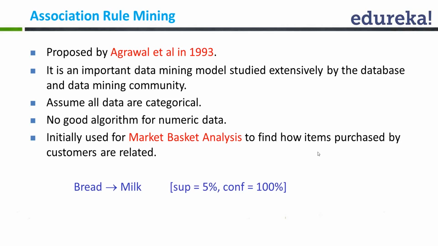Just to give you a quick introduction, association rule mining was proposed by a researcher called Rakesh Agrawal back in 1993. He was one of the pioneers, and there are obviously a couple of others as well. He was at IBM then.